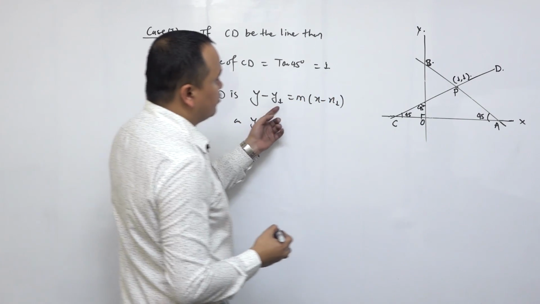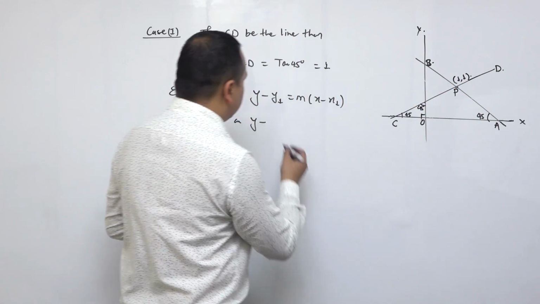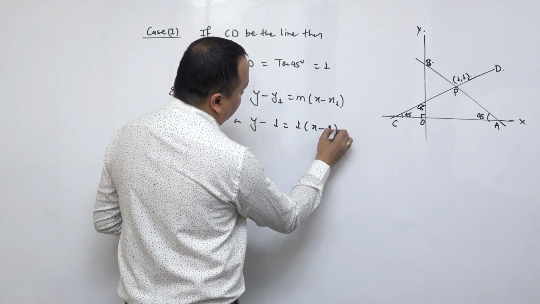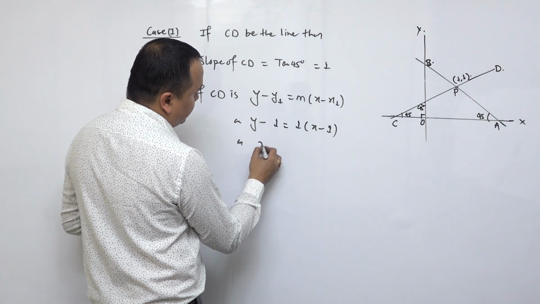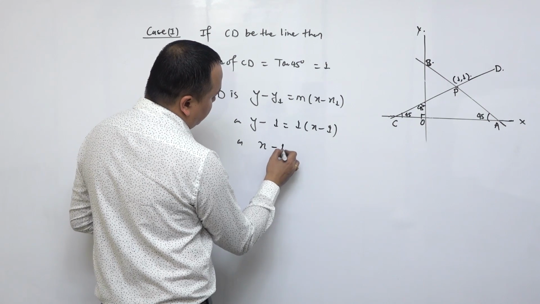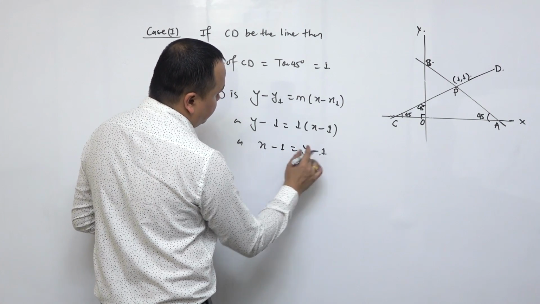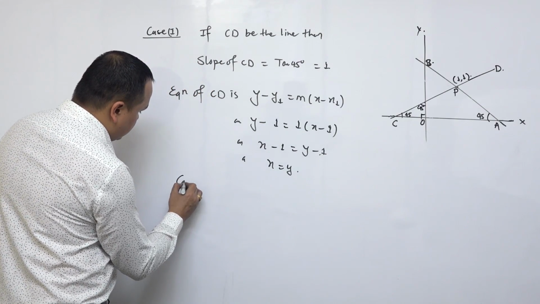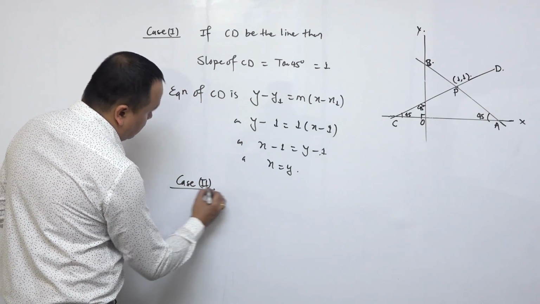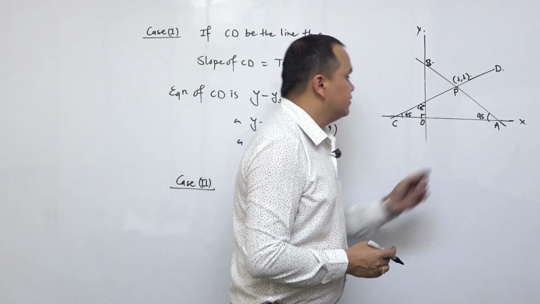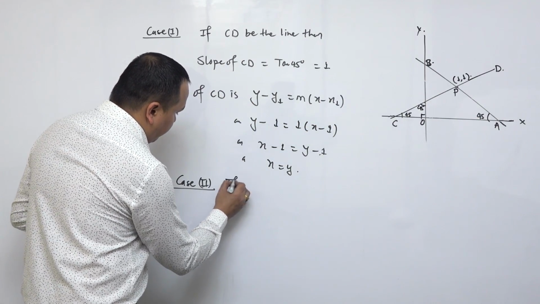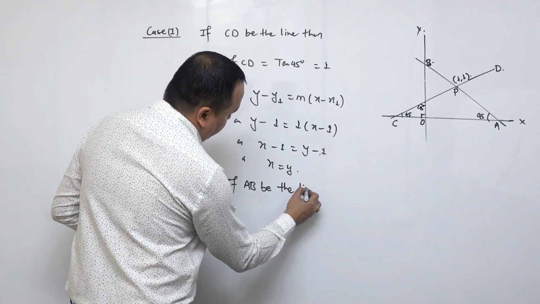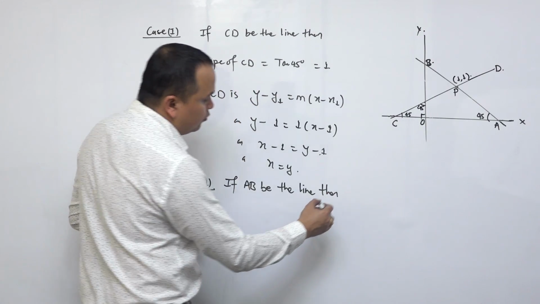We have y1 is 1, and m is again 1, x minus 1, or this is x minus 1 is equal to y minus 1, or x is equal to y. Case 2, if AB be the line, then slope of AB.